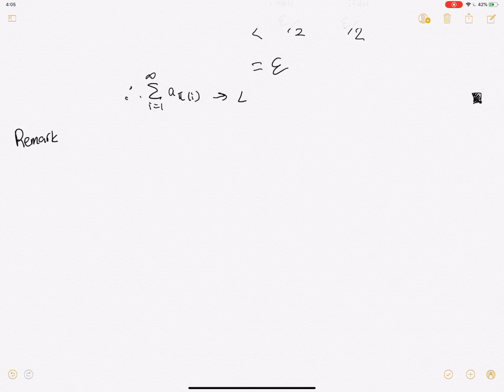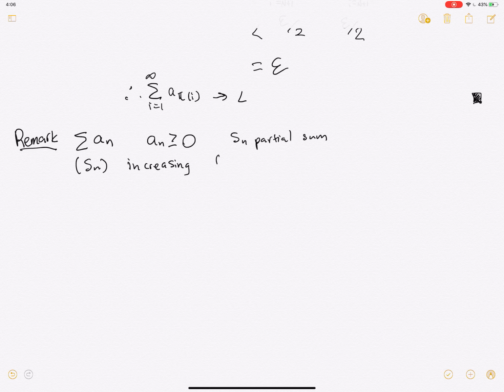A couple remarks. If you have a series where everything is non-negative and S_n is the partial sum we defined last video, S_n is monotone increasing, not always strictly increasing, since a_n is greater than or equal to 0.